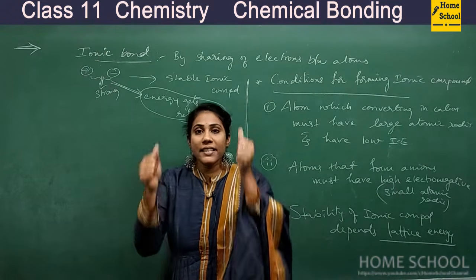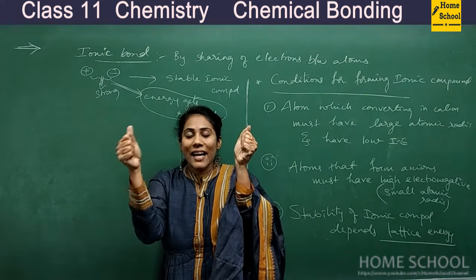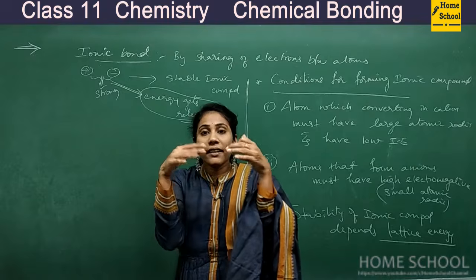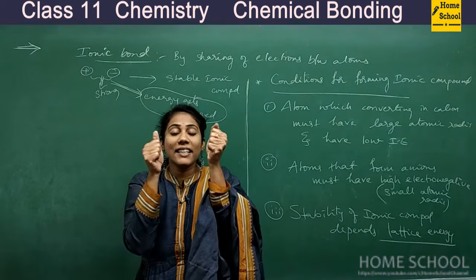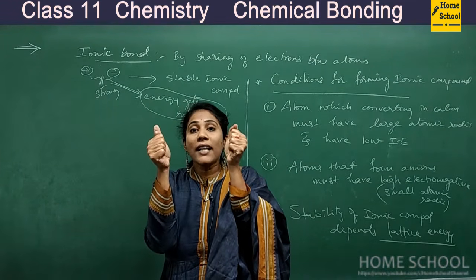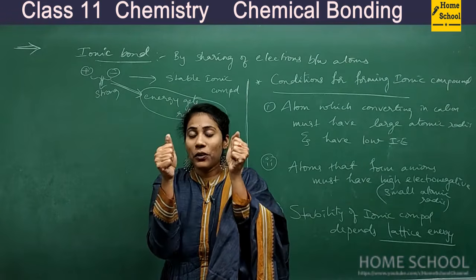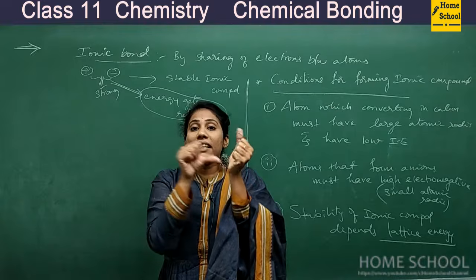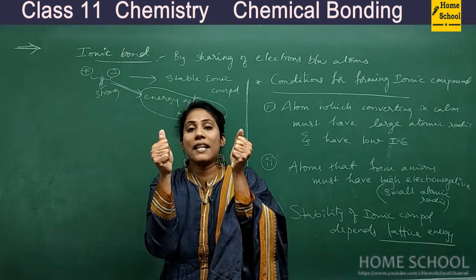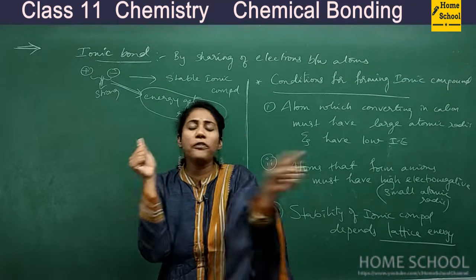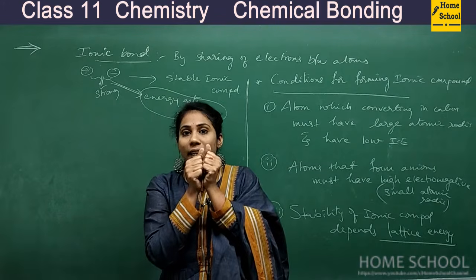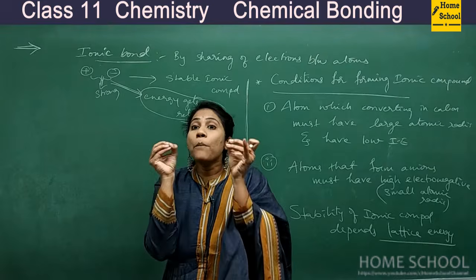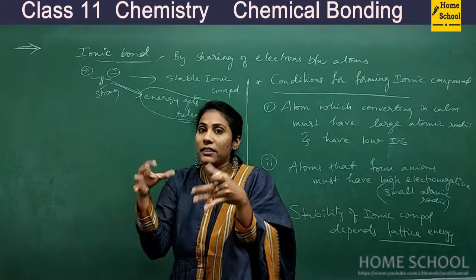Say this is one ion, this is another ion. Whenever there is an attraction between these two, a new thing that is created to make them stay together, lots of energy is released.